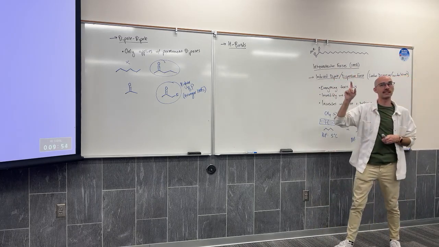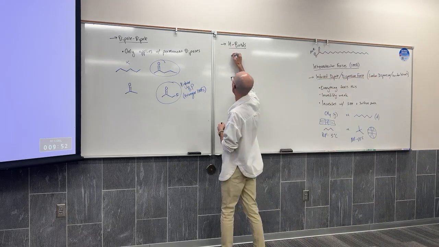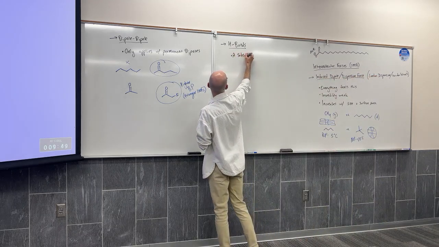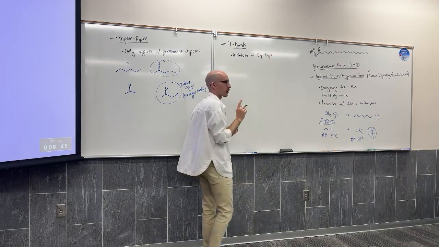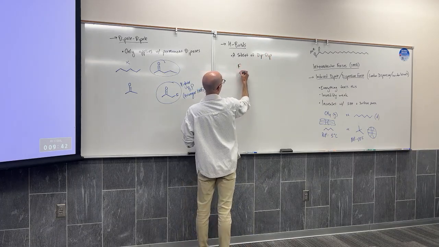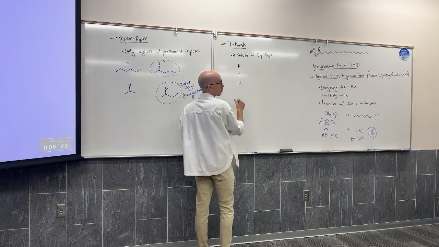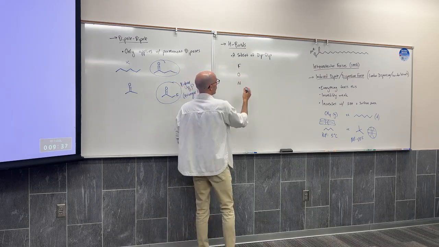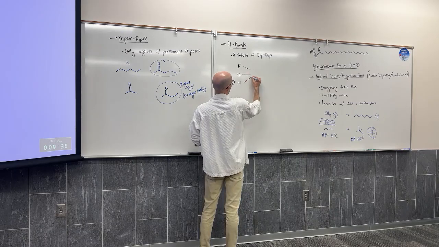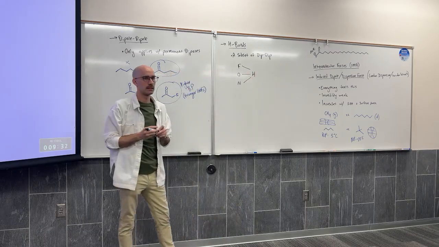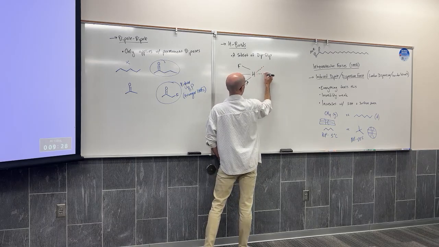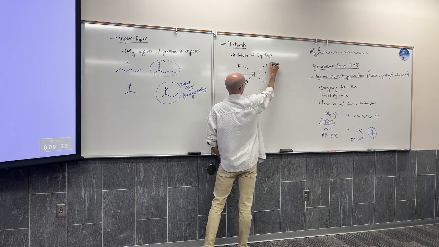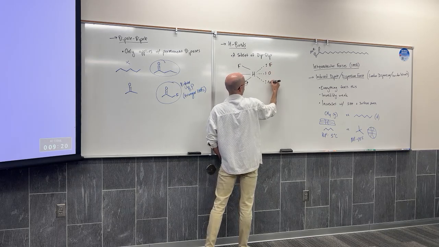In fact, it is a subset of dipole-dipole. It requires having a fluorine, oxygen, or nitrogen in a compound that is bonded to a hydrogen. And that hydrogen then must interact with the lone pair on a fluorine, oxygen, or nitrogen.